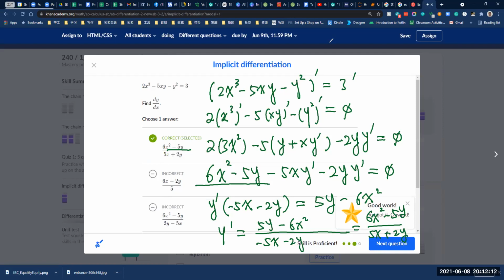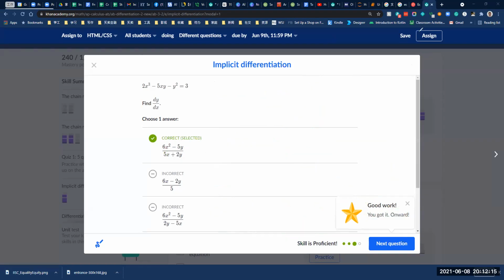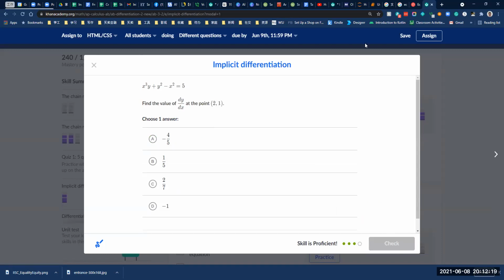Now we are going to do the next problem. So we have that, same thing. We have x cubed y plus y squared minus x squared equal to 5. Take the derivative on both sides.